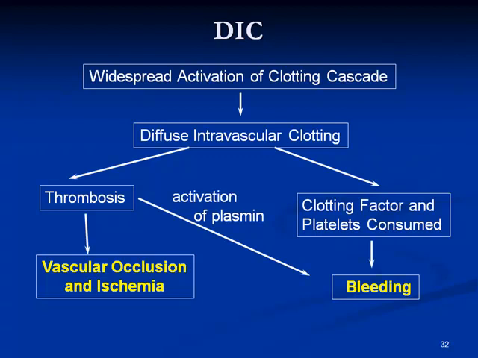Wherever this is happening, we can see ischemia. The formation of the clot also triggers anti-clotting mechanisms. So we have plasmin activated to break down clots. The clotting factors and the platelets get used up, and we end up with bleeding. So we have clotting in parts of the body and bleeding in other parts of the body simultaneously. They're both happening at once.